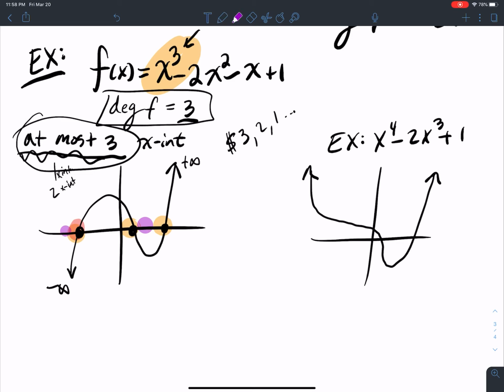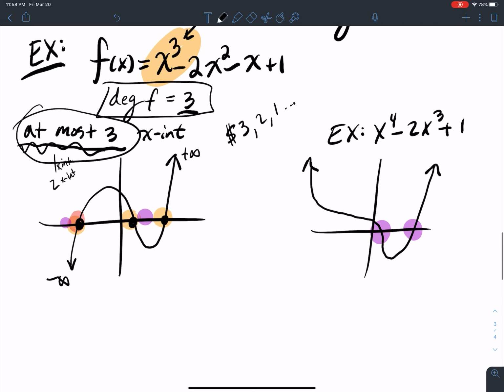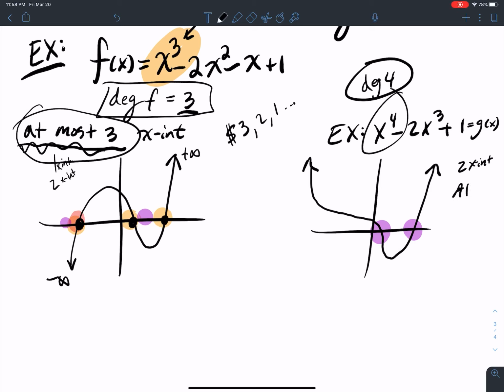Now, when I look at this, I see 1, 2 intercepts. This is a degree 4 polynomial, okay? Maybe that's some g of x, right? So this has 2 x-intercepts, but it has at most 4. So 2 satisfies at most 4, okay?